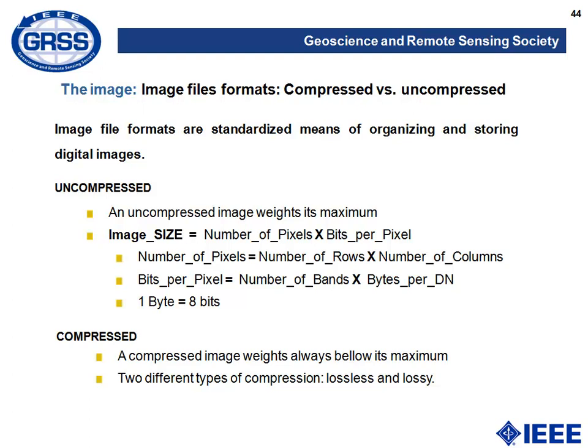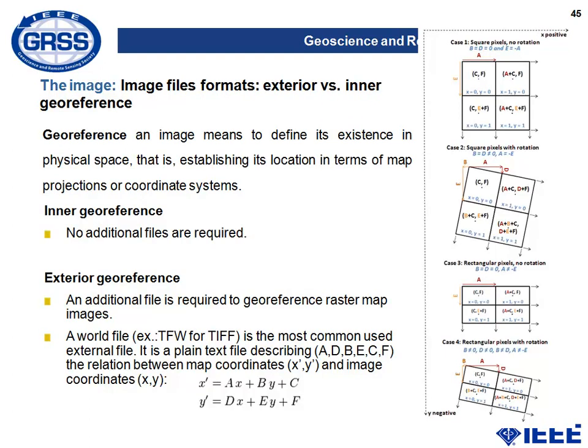Compressed images will always be smaller than uncompressed ones, and we have two different types of compression, lossless and lossy. Currently there is a trend to use compressed images on board the satellite just to relax the transmission and communication budget from the satellites.